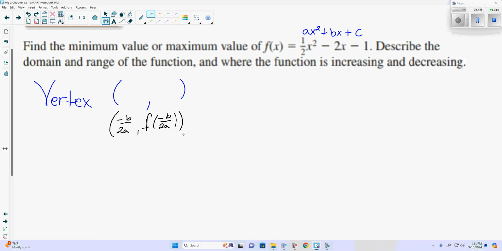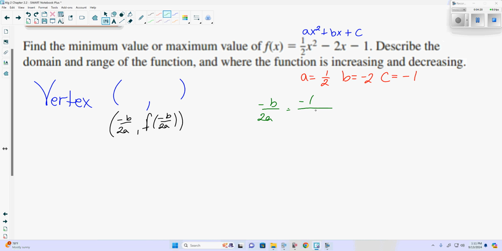Now for us here, what would a, b, and c be? A is 1/2, b is negative 2, c is negative 1. So to find the x value of the vertex, we're going to find negative b over 2a.